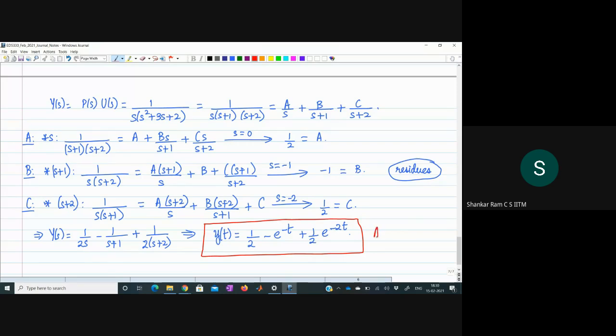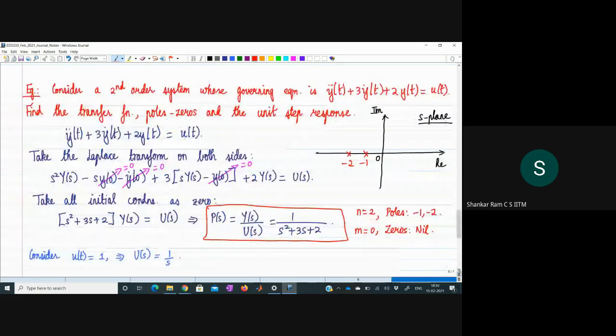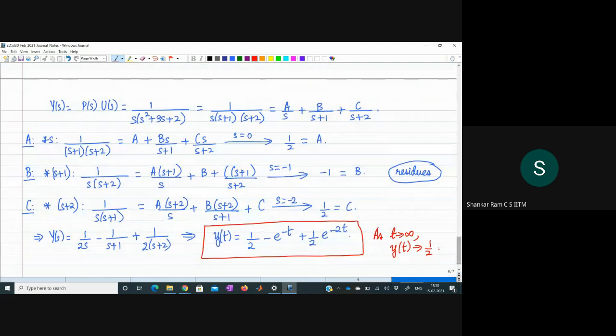So here as t tends to infinity, we can observe that y of t tends to 1 by 2. And we recall that the poles appear as the exponents in the response function. So that's something also we need to recall.